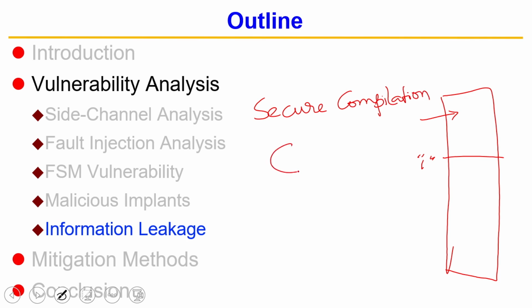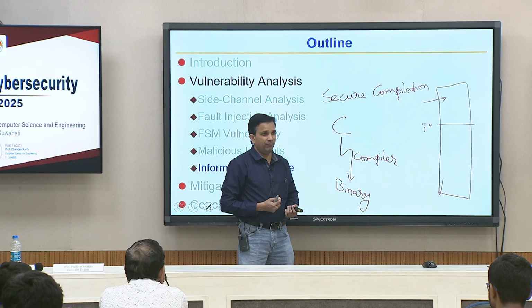If you have, let us say, a C program, think of your cryptographic library program, let us say AES, and when you compile it and get the binary, the compiler's job is to ensure the performance is good, the area requirement is less, the power dissipation is less, but suddenly we are imposing for cryptographic libraries that it should not create a binary which is vulnerable.